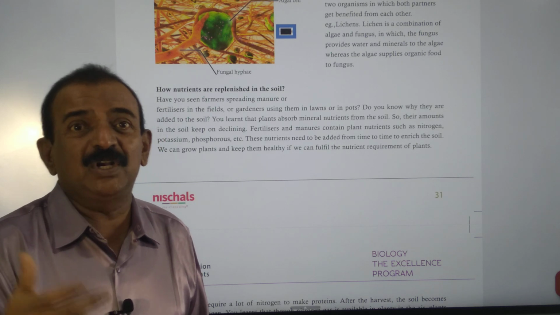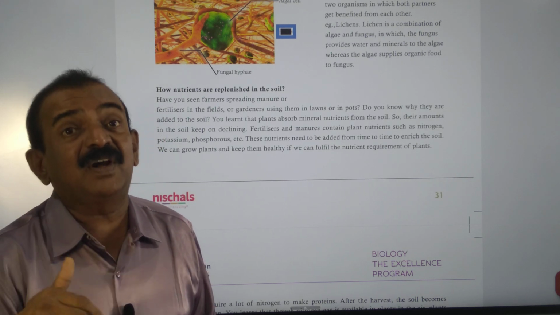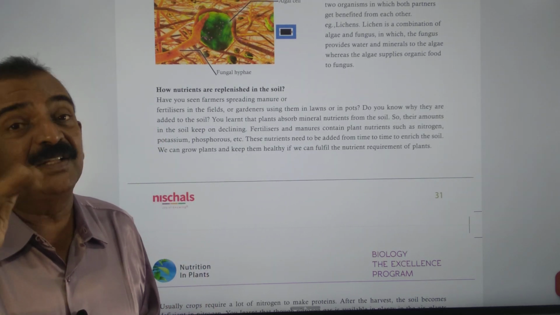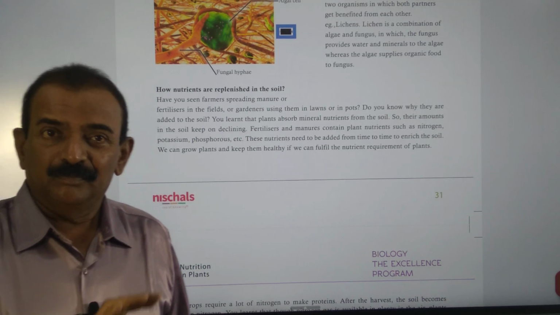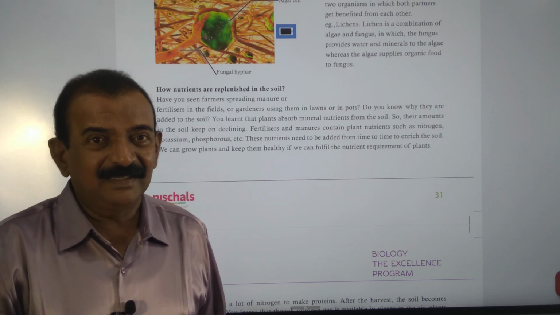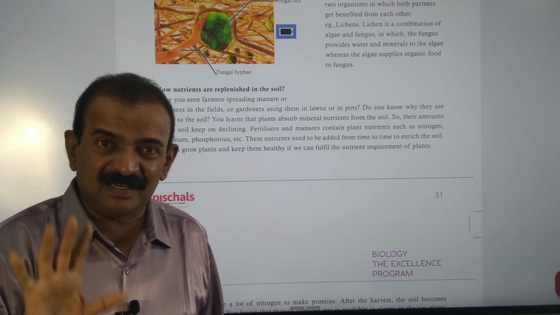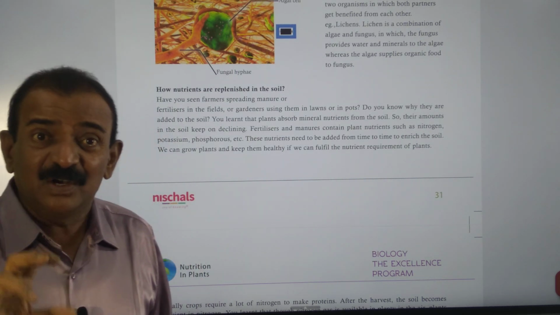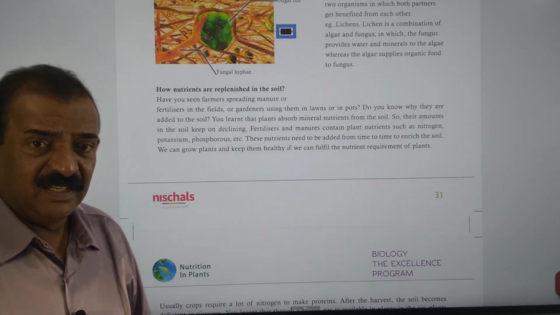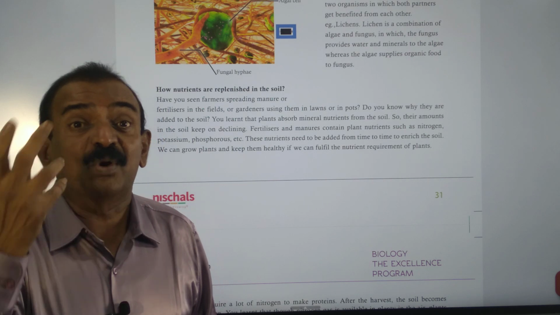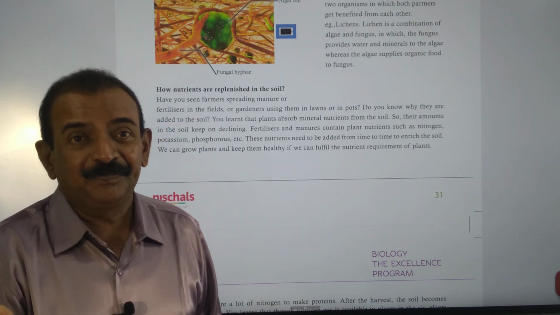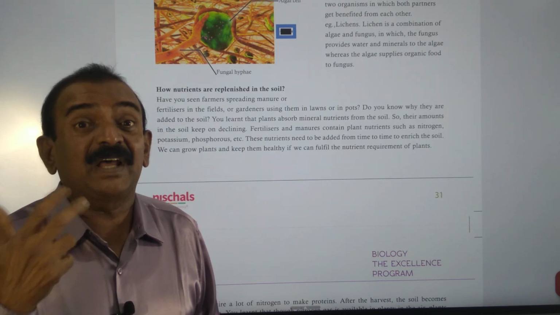Energy is stored in food, and food consists of nutrients. So what are the nutrients present in the food? I told you: carbohydrates, proteins, fats, and also vitamins, and these food substances are nutrients. In the same way soil should consist of nitrogen, nitrates, phosphorus, and potassium.